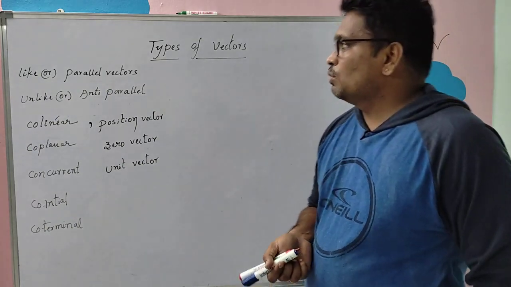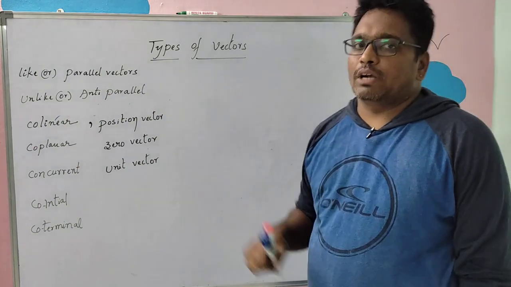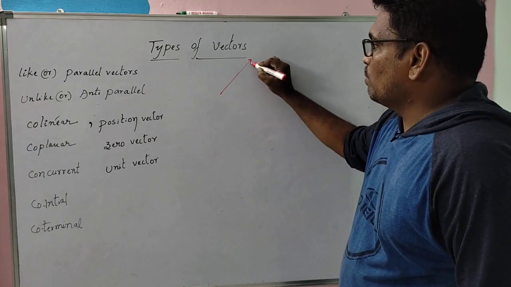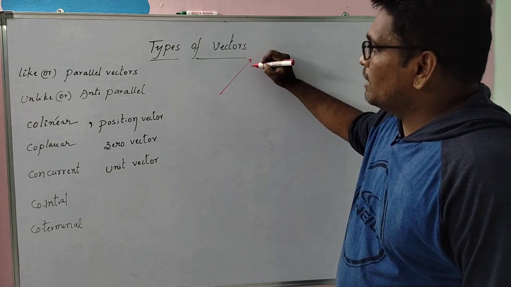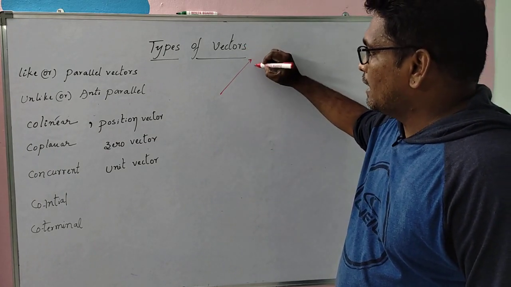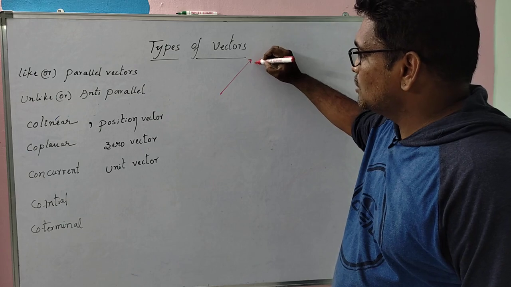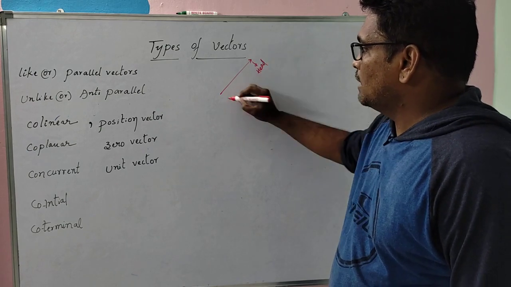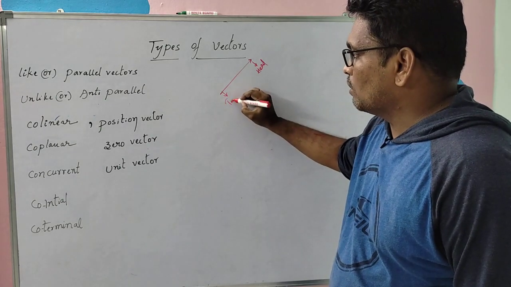In this class, we are going to discuss types of vectors. Every vector can be represented with an arrow mark, and this vector symbol has two parts. Say this is the head of the vector and this is the tail of the vector.